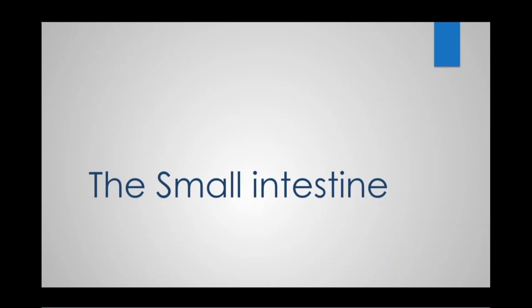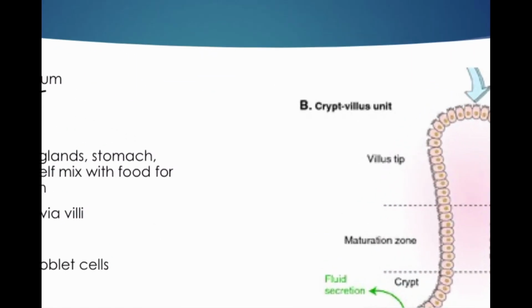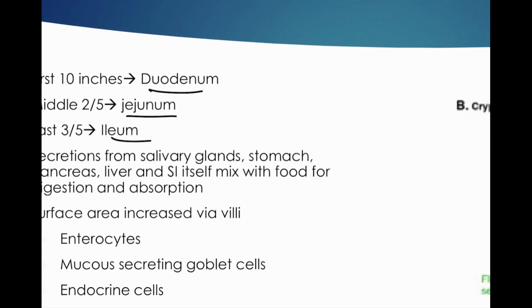Now we're moving on to our small intestine. The first 10 inches is the duodenum, the middle 2/5 is the jejunum, and the final 3/5 is your ileum.